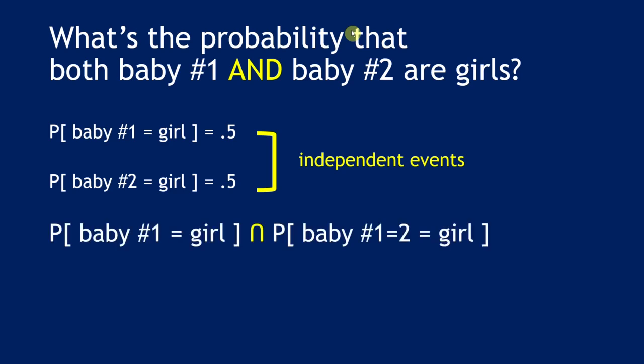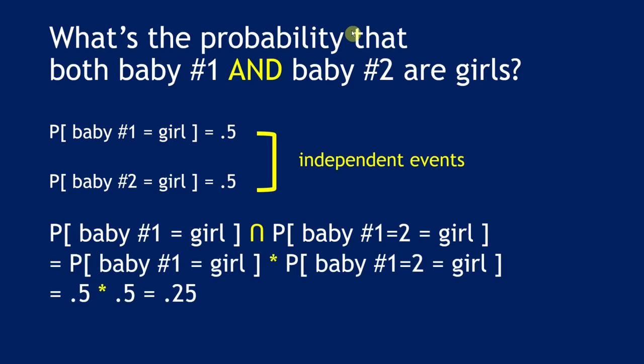And so if we want the probability that the first one is a girl and the second one is a girl, we're looking at the intersection of the two, then we basically multiply them based on the rule that we just derived on the last slide. So 0.5 times 0.5 will be 0.25. So it's a 25% chance to get two girls in a row.